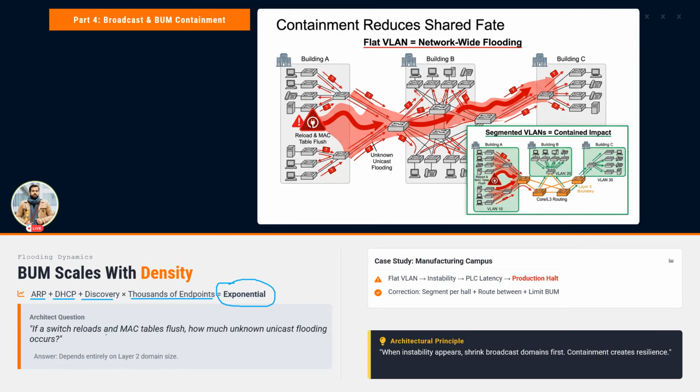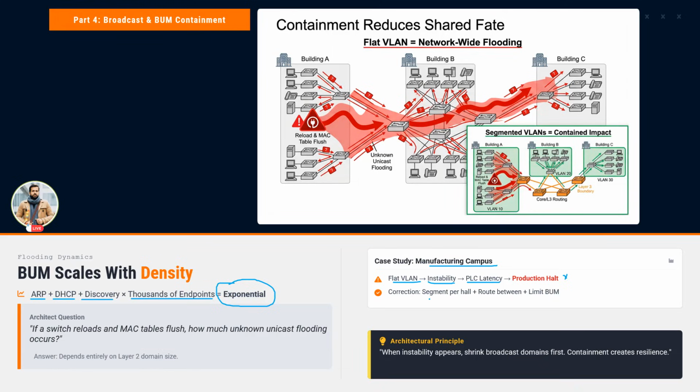Let me paint you a picture. Manufacturing campus with PLC controllers. Someone deployed a flat VLAN across multiple production halls. One switch has an instability event, causes flooding, controllers experience latency spikes, and production briefly halts. Was bandwidth exhausted? Nope.